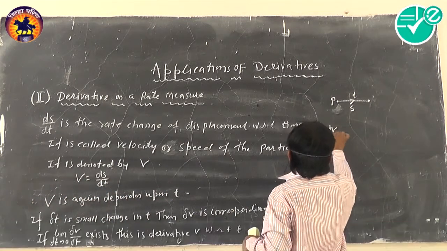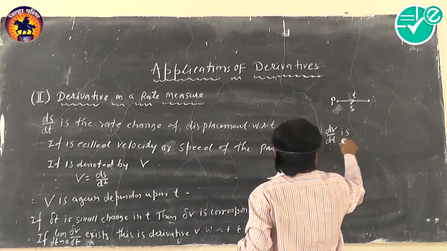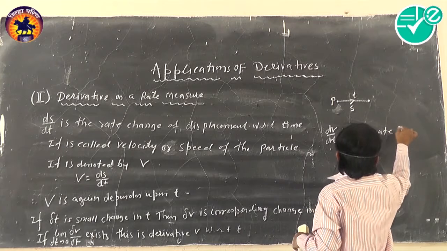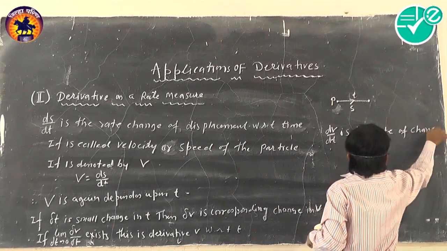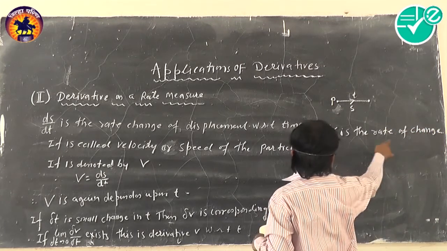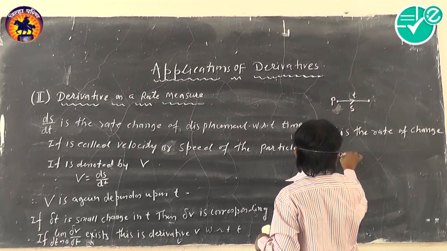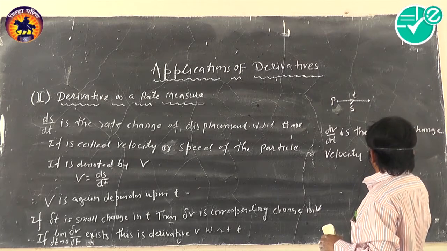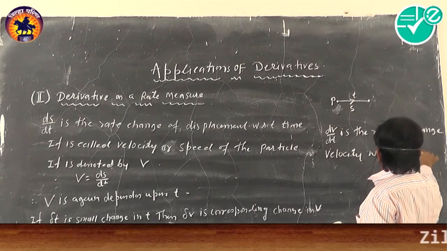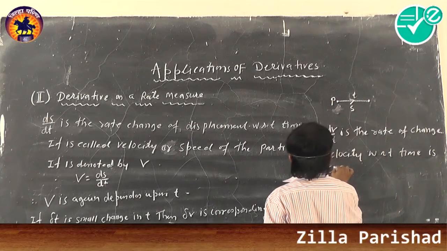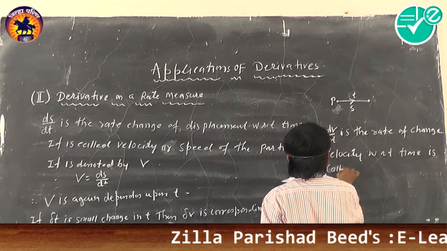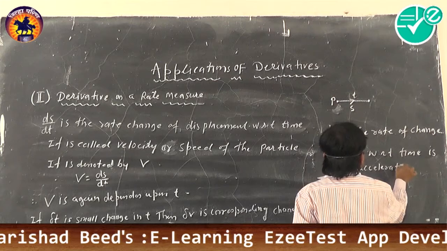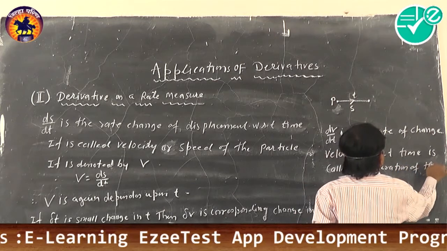Therefore dv by dt is the rate of change of velocity with respect to time, and is called the acceleration of the particle.